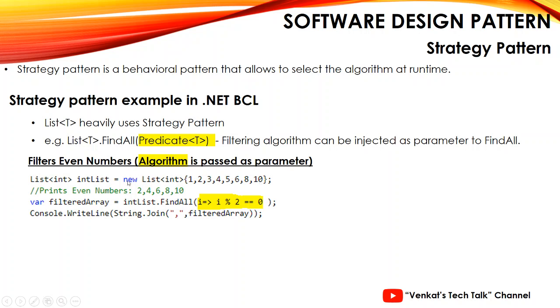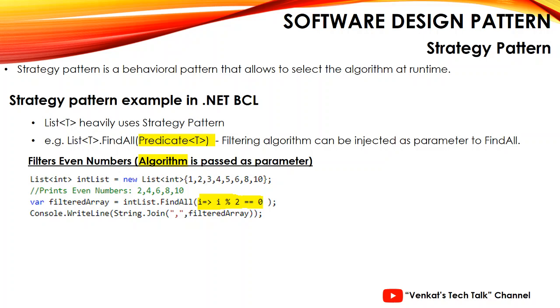See here, we have a list of integers, and intList.FindAll. We want to get all the even numbers, which are 2, 4, 6, 8, 10. This will be our expression to filter the request.